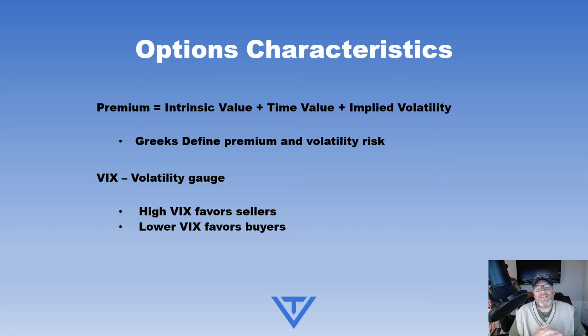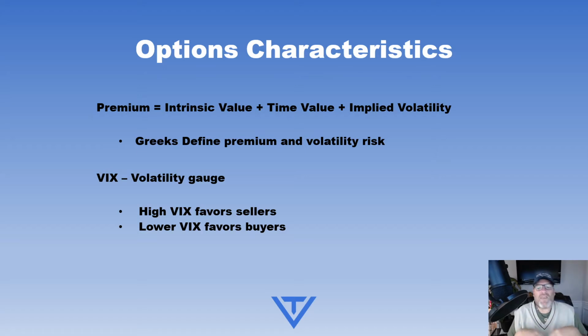The person on the other side, the seller, wants to get compensated during those periods because there's a greater chance that your stock may swing in your direction a lot quicker, devaluing the time value that was placed on there. So in periods of huge, elevated volatility, implied volatility is very high, and options are gauged off implied volatility, which is based off the VIX.